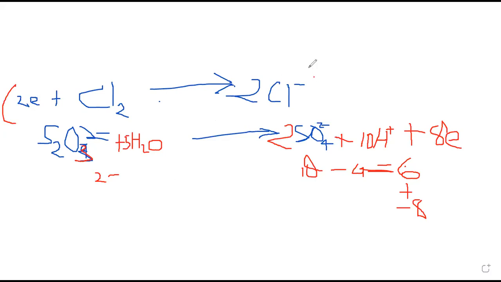Now to combine the two equations, I must multiply this by 4. When I multiply it by 4, these electrons are going to become 8 and they will cross out. Kezia, what's your question?